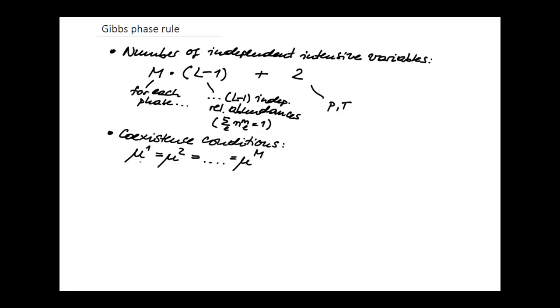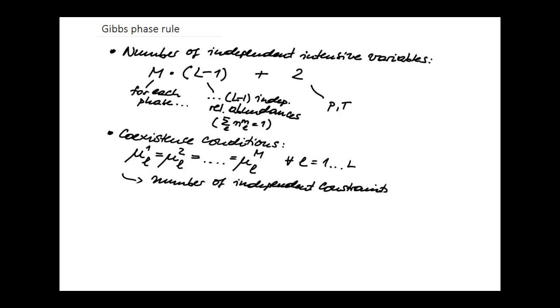So in fact, this must hold true for all the molecules, for all l going from 1 to capital L. And therefore, we have several independent constraints on the chemical potentials, and hence the chemical potentials are also intensive variables.